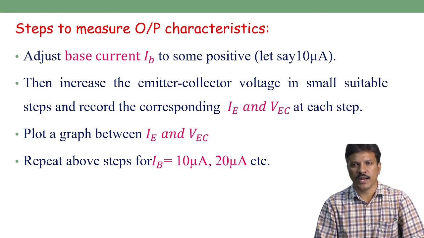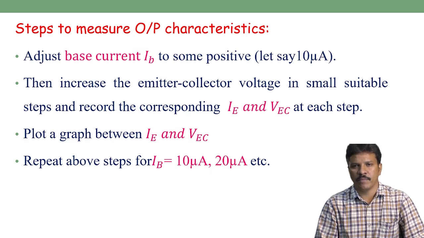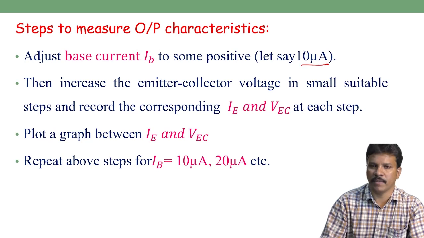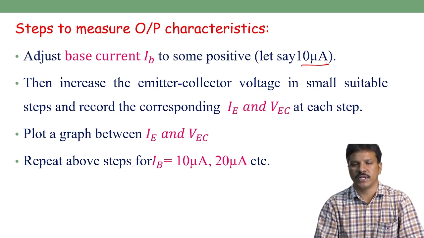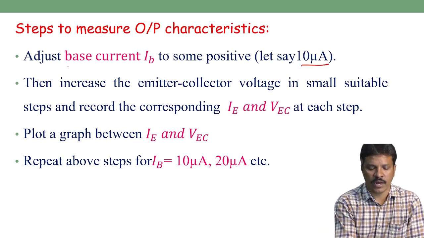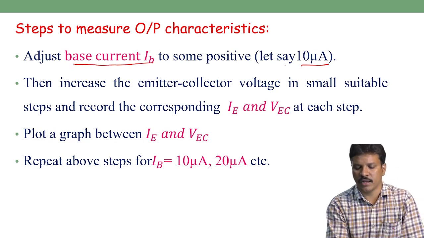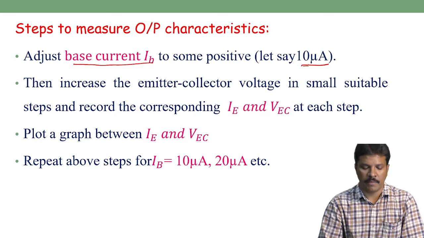Which one is the input current in common collector? Base is the input current. How can we set a constant input base current? By changing the input voltage, the base to collector or base voltage. By adjusting the base voltage, keep the base current constant, let us say 10 microamperes. Base current is always measured in microamperes. So keep base current IB at some positive current, let us take 10 microamperes.